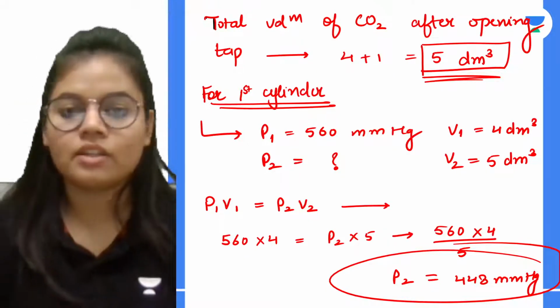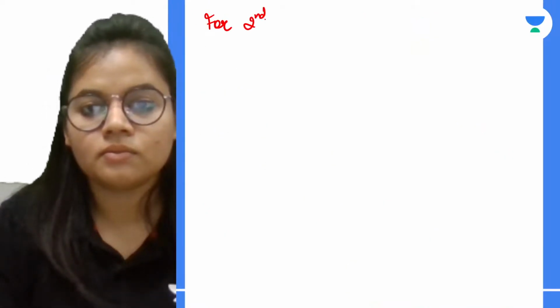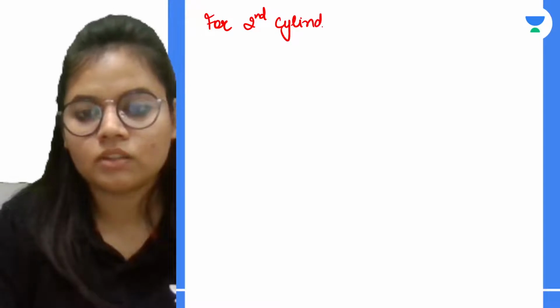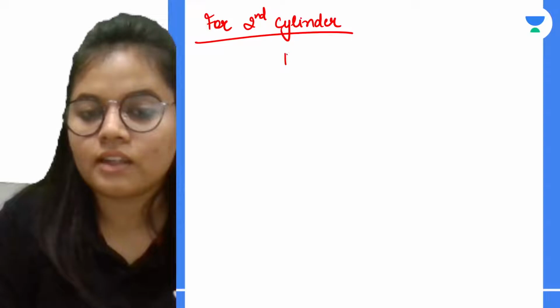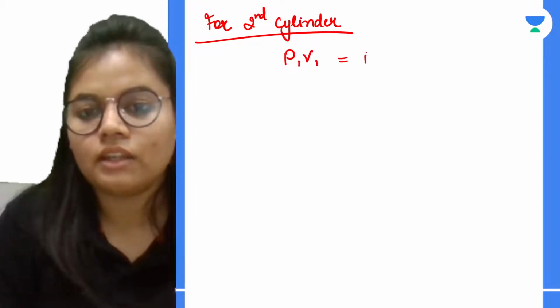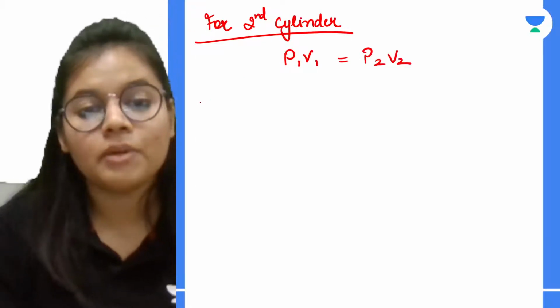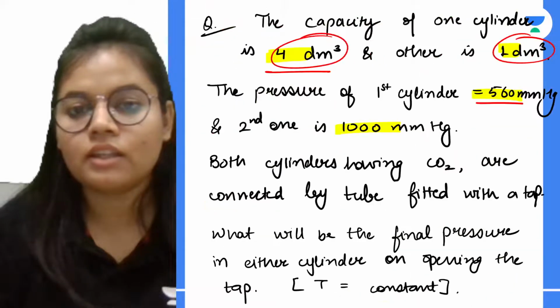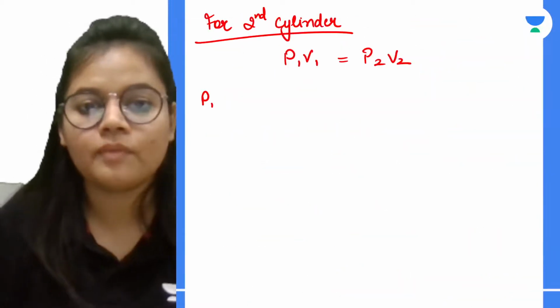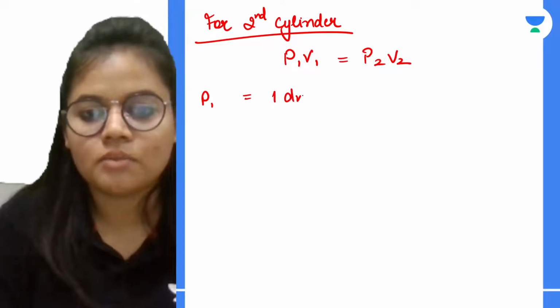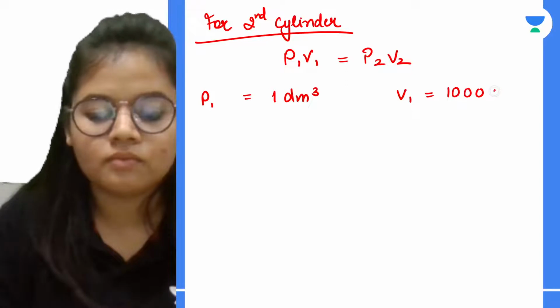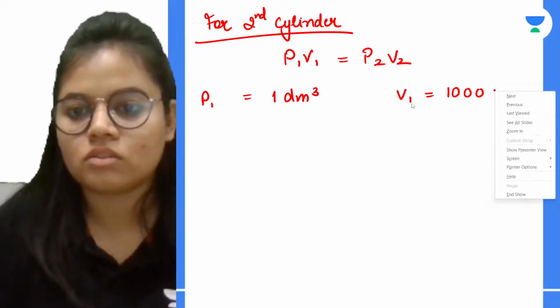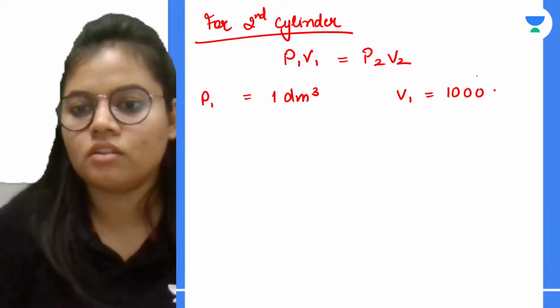Similarly, we will be calculating it for the second cylinder. Okay, so for the second cylinder, it is P1 V1 equals P2 V2 again. But here the values are, see, V1 is 1 decimeter cube, and P1 is 1000 mm of Hg.